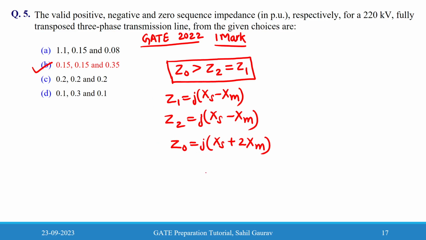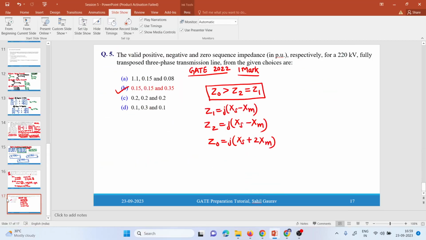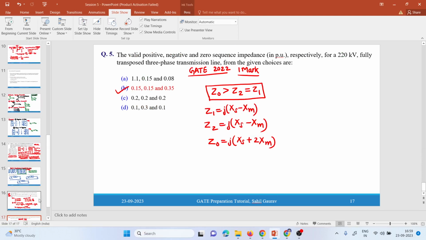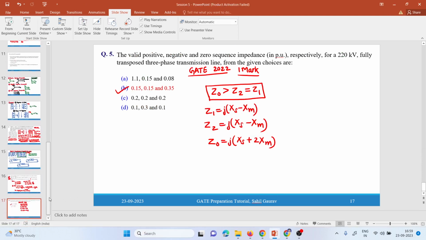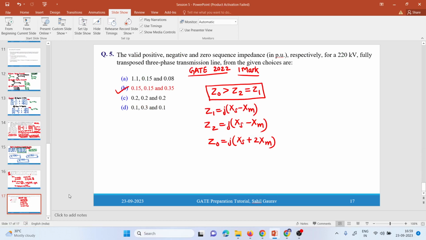I think in a traditional textbook you can find the derivation of sequence impedances for transmission line. So that's all for today's session, and in the upcoming session we will see more problems based on these power system topics.